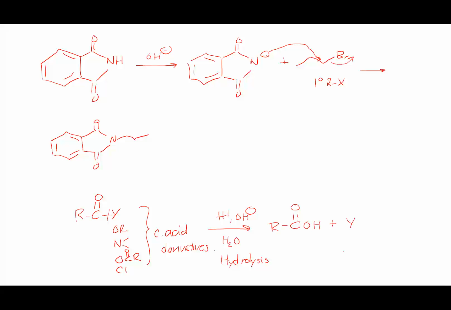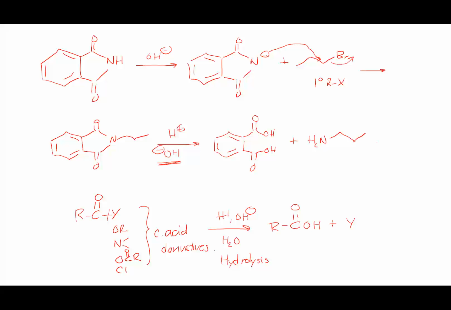So up here, if we take this and react it with either H plus or hydroxide, and my preference would be to use hydroxide, then we'll end up cleaving off the carboxylic acid, and then we free up the amine.